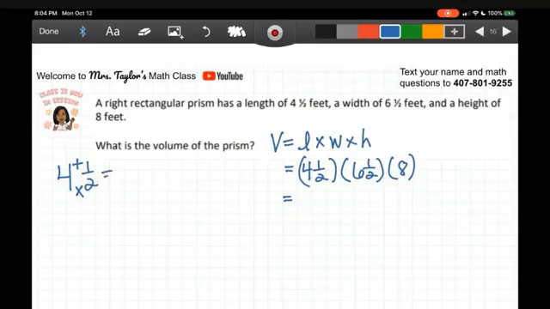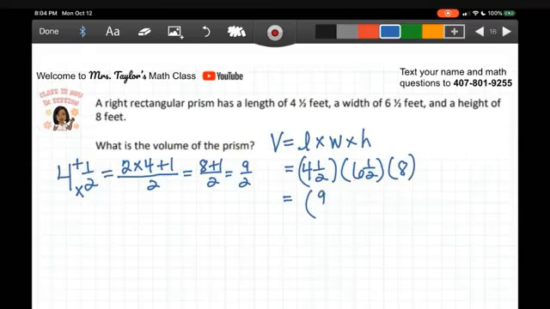So this is 2 times 4 plus 1, and keep your denominator. This would be 8 plus 1 over 2, and it's going to be 9 over 2.